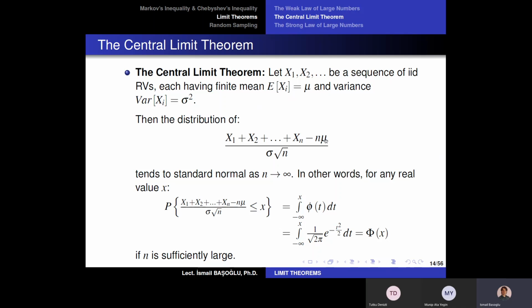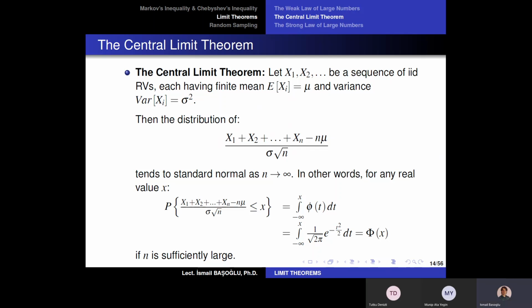So we are basically subtracting the expected value for each random variable in the sum. Then we divide that difference by sigma square root of n.